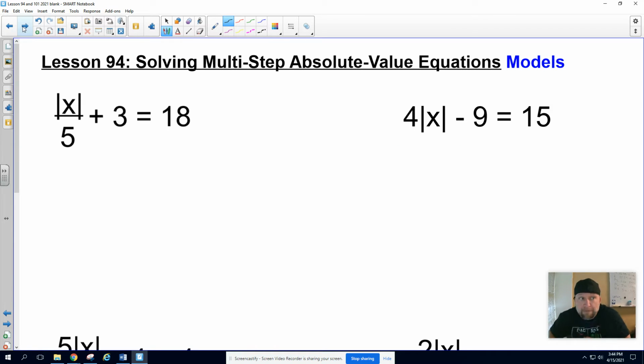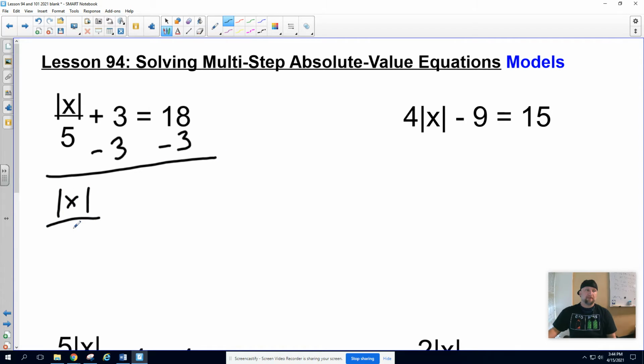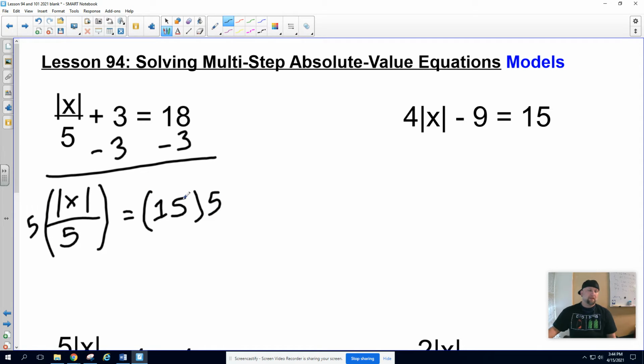So here are our examples. First example, we have the absolute value of x divided by 5, plus 3, is equal to 18. The first thing that we want to do is subtract 3 from both sides. That gives us the absolute value of x divided by 5 is equal to 15. And then multiply both sides by 5, and we get the absolute value of x is equal to 75.